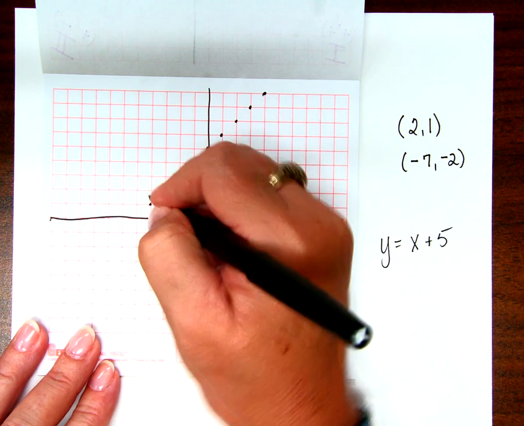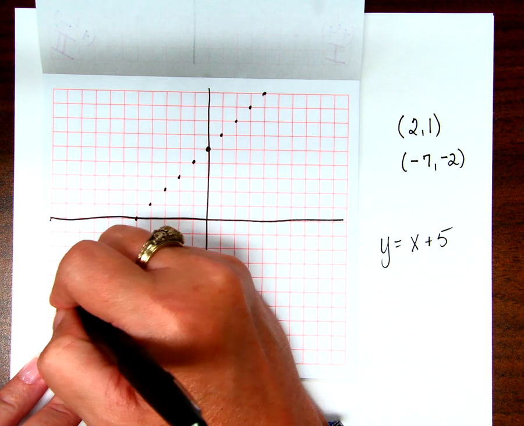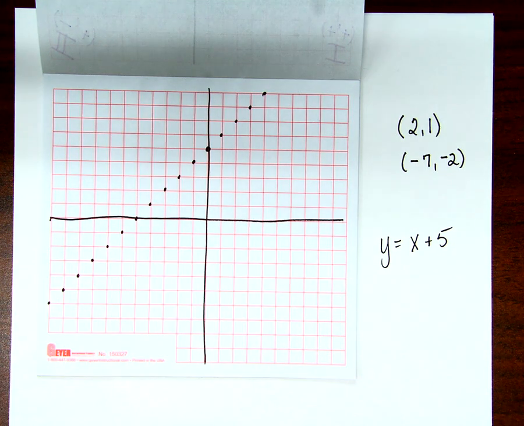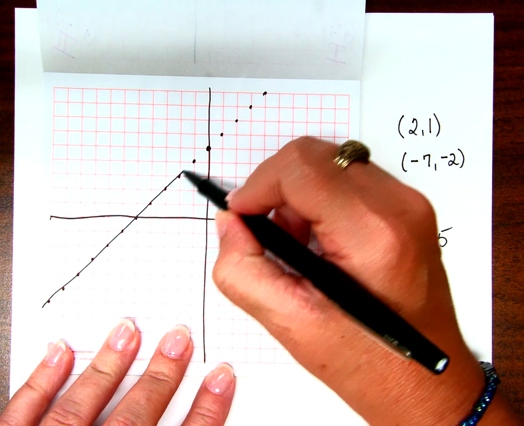Excellent. How many dots does it officially take to make a line? 2, right? That's all you need to make a line. Why did I draw all of them? Yeah, it's super obvious where the line is, isn't it?